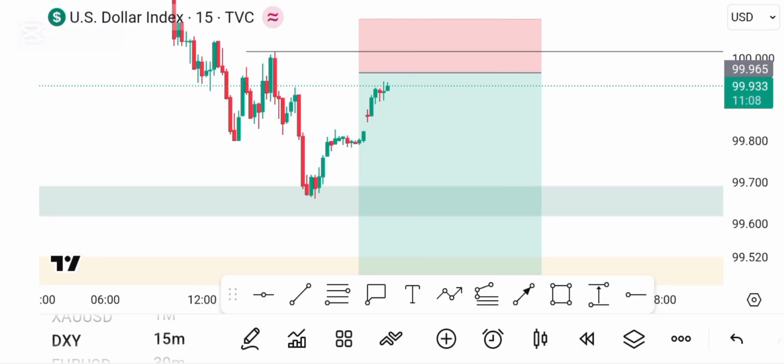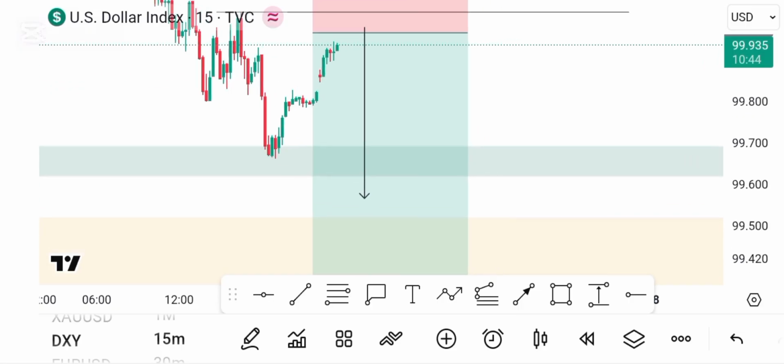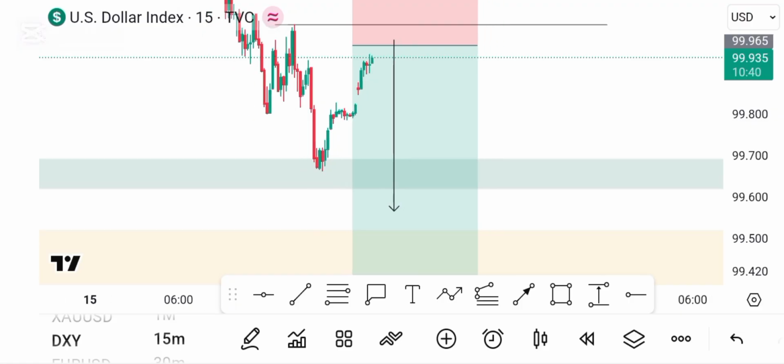So I'm using the DXY to tell you the price direction of the dollar currency. As we are anticipating a dip, that is a bearish move of the dollar, it simply means that any currency pair attached to the dollar, the dollar will not perform so well in the market because it is dropping.